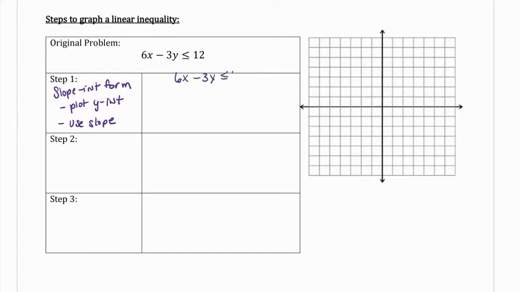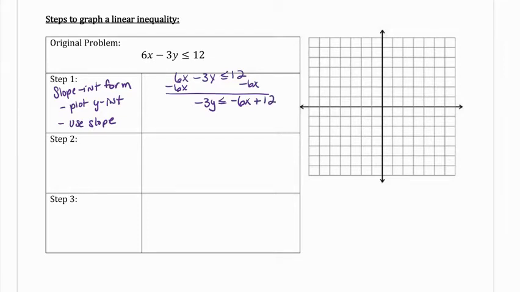Starting though, we've got to take our 6x minus 3y less than or equal to 12, and I have to get that to y equals, right? So I'm going to move the 6x over to the other side, and then we get negative 3y less than or equal to, I'm going to put the x term first because I want it mx plus b. So the negative 6x term goes first, and then the positive 12.